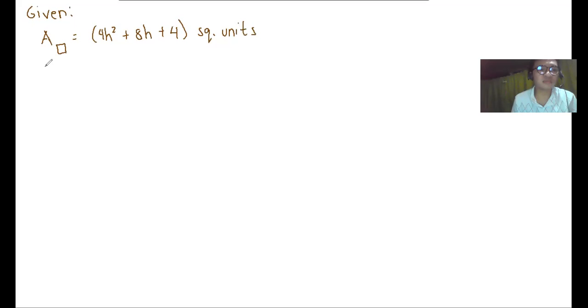We will determine the perimeter of the square given h equals 9.